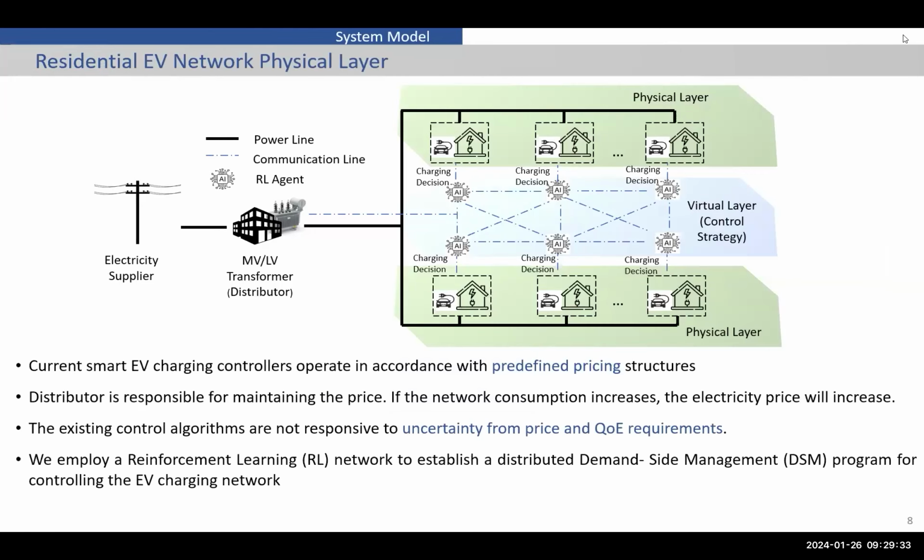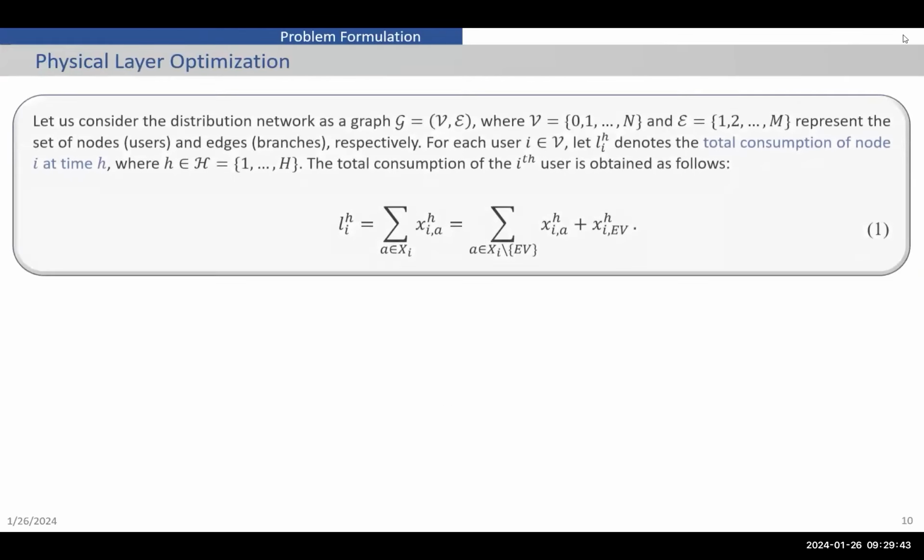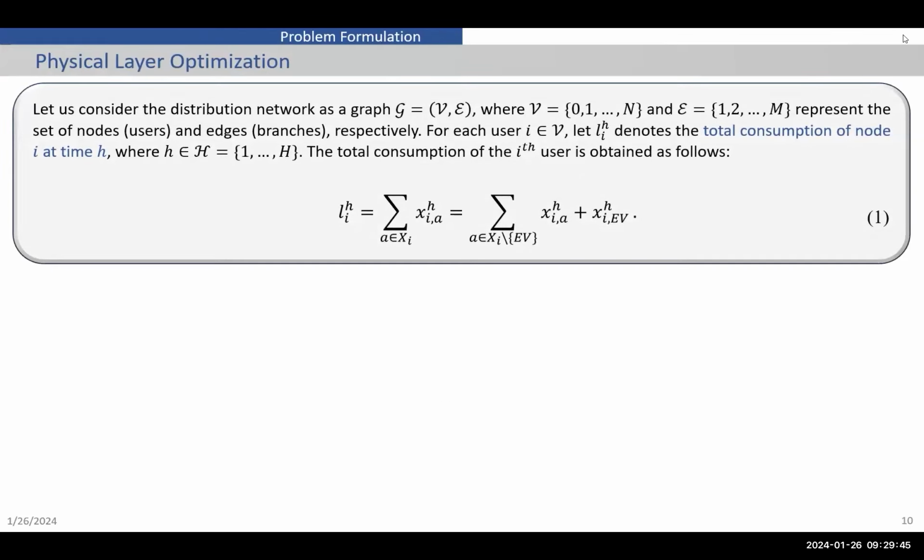Now, I would like to go through the details of these physical layers that we see, to see what optimization problem we have. Suppose that we have a graph of a network, and the nodes and the edges denote the users and the branches. So L_i^h denotes the consumption of node i at time h.